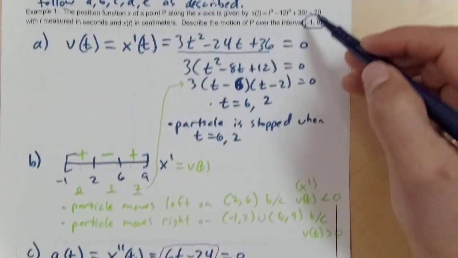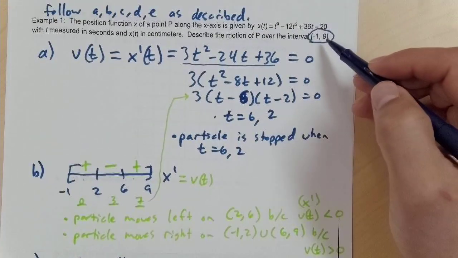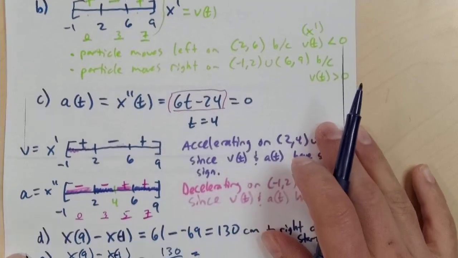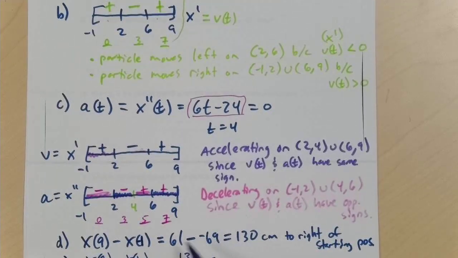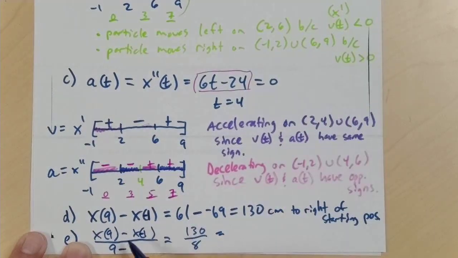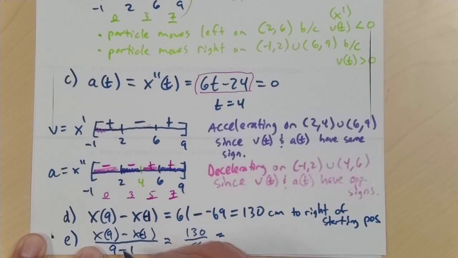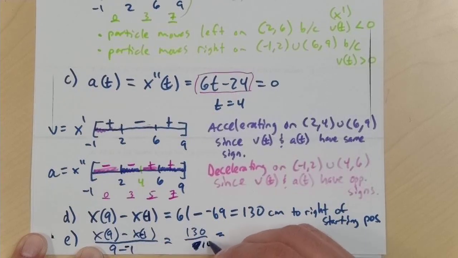Our initial position started at negative 1, and then we went to 9. So when we do the displacement, it's final time value plugged in, and then you subtract whatever you get when you plug in the initial time value, which is negative 1. These answers are correct. I don't know why I omitted that. And so down here, this will be 9 minus negative 1, which turns into 10.